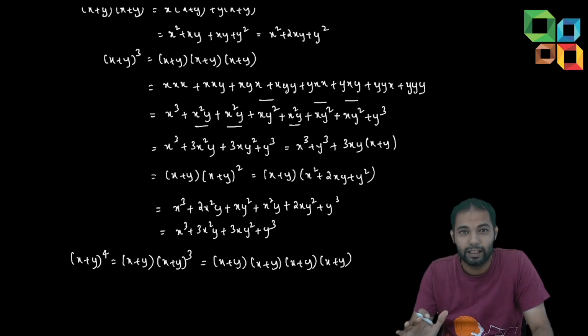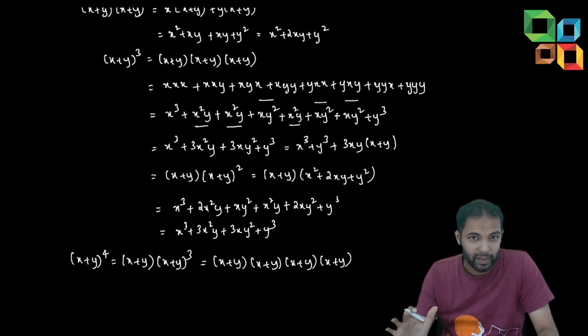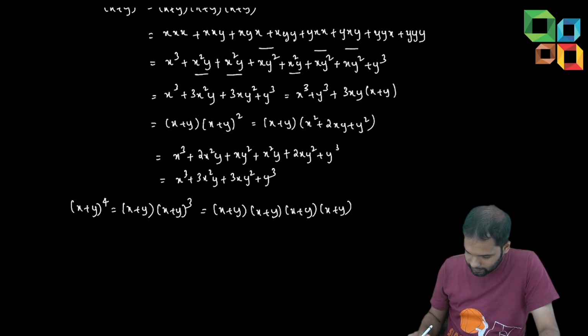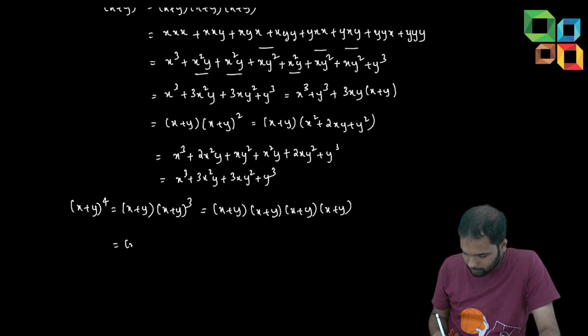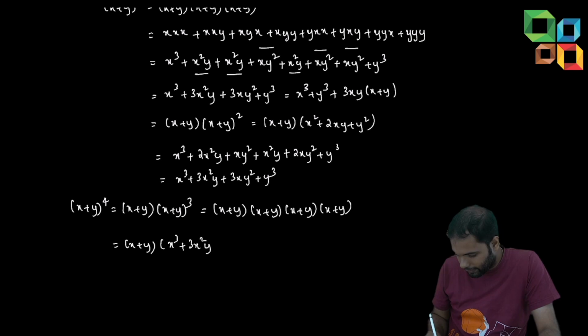So let's try for x plus y whole power 4. What do we get? x plus y into x plus y whole cube, which we know as x cube plus 3x square y plus 3xy square plus y cube.